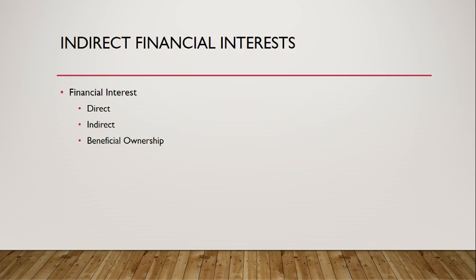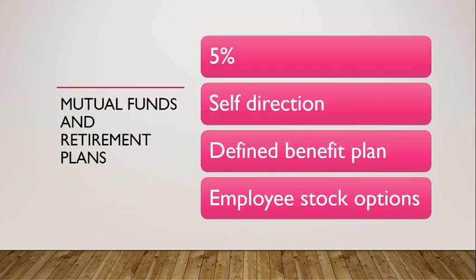So here is this 5% rule coming into play. Cannot own more than 5% of a client's ownership interests without impairing independence.